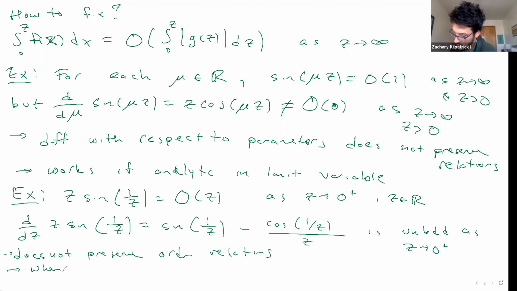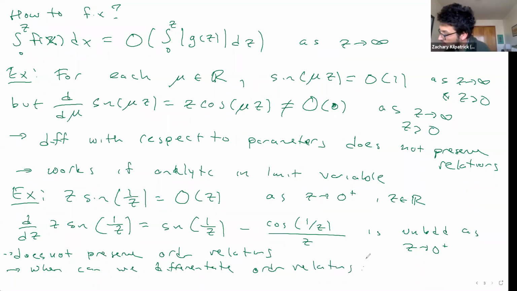So again, let's ask, when can we differentiate order relations? As we were saying, we can do it with respect to the parameter if our function is analytic, and our limit.